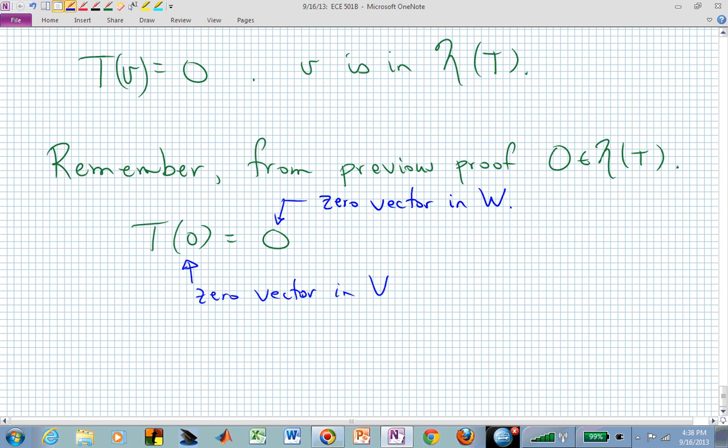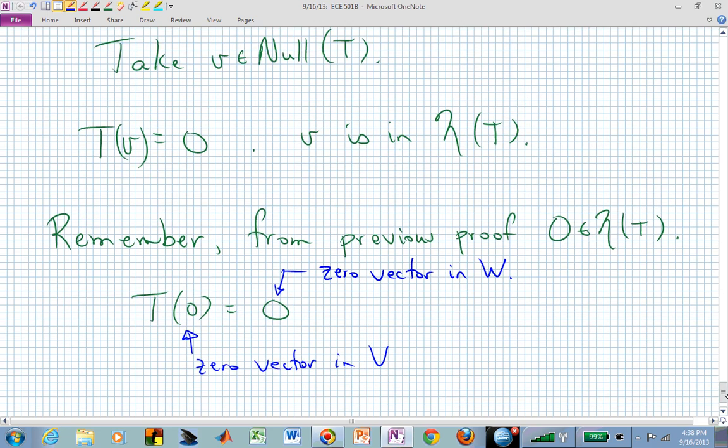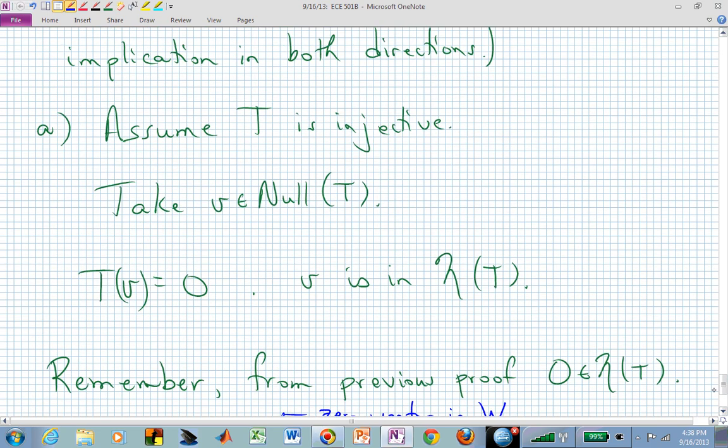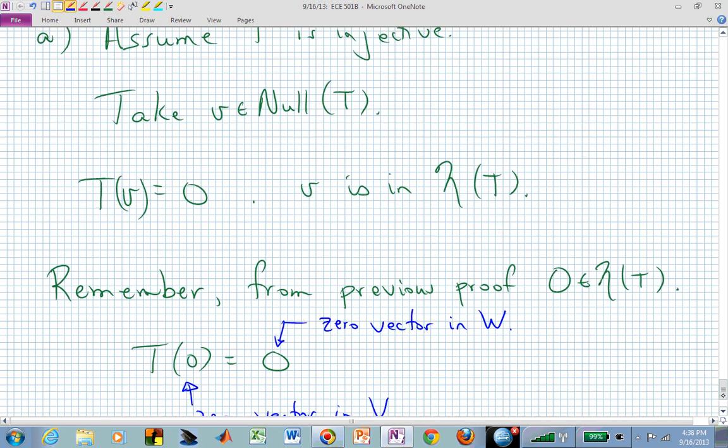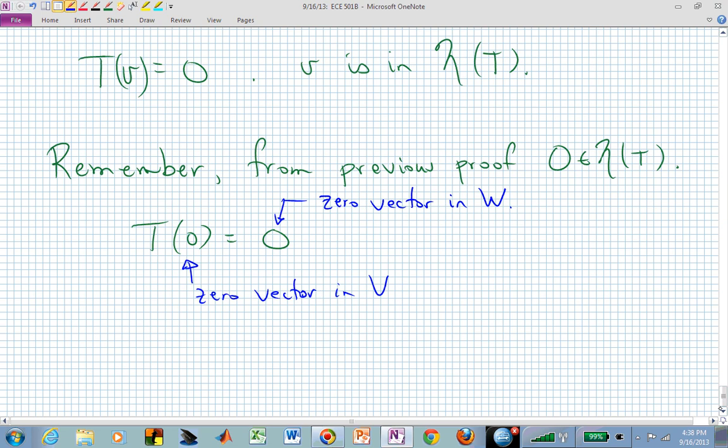And those then, what did we assume? That our map was injective. So that implies that the arguments have to be the same if their result of the map is equal to each other.